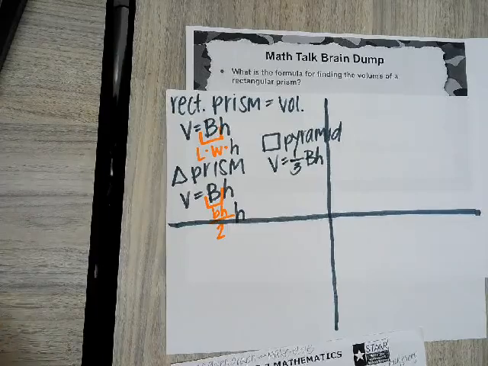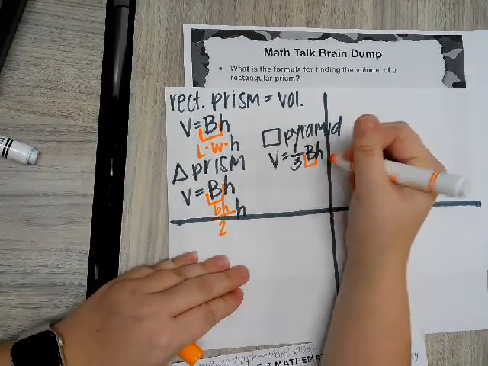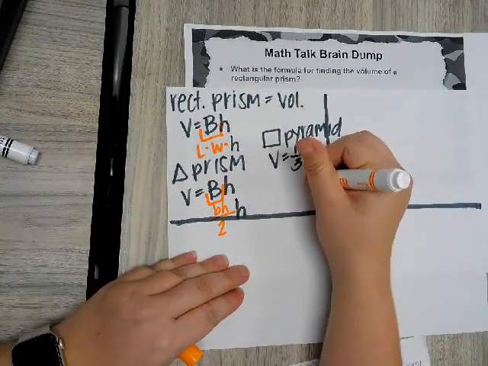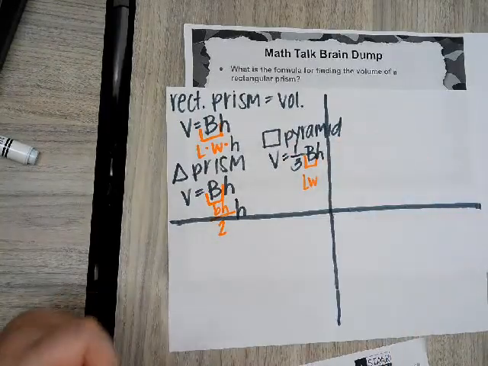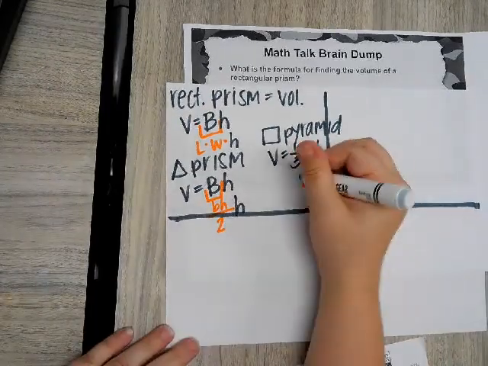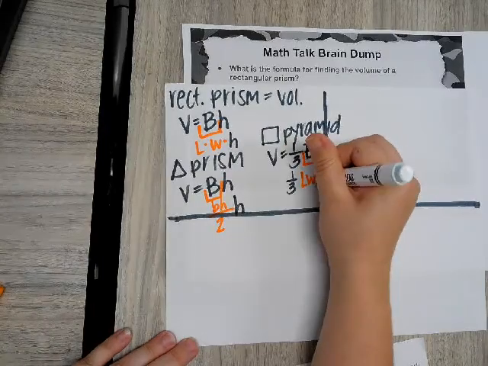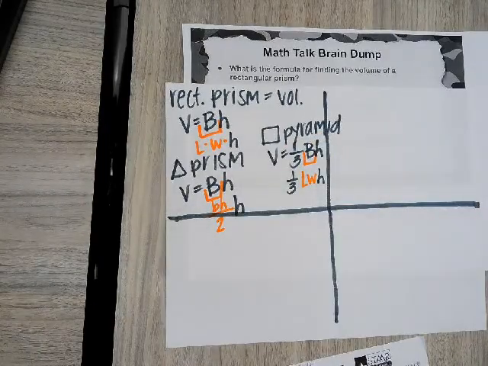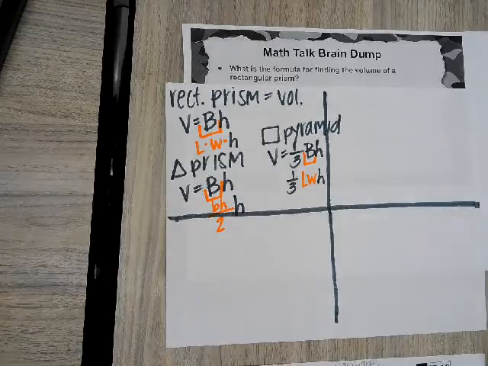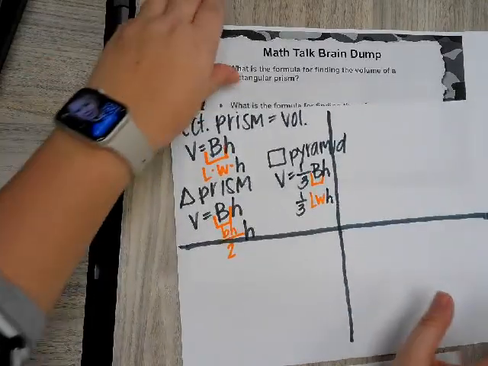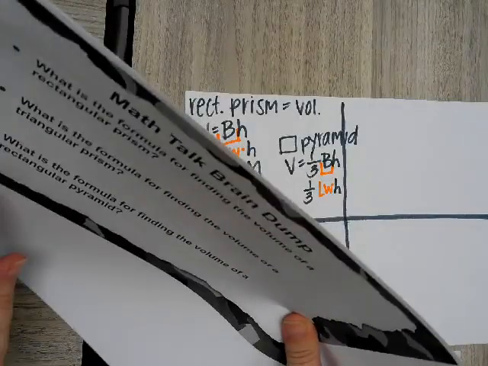But remember, my big B, my area of the base, is a rectangle, so I'm going to do length times width. But I'm still going to multiply 1/3 and my height. Okay, so let's go ahead and get started after I brain dump.